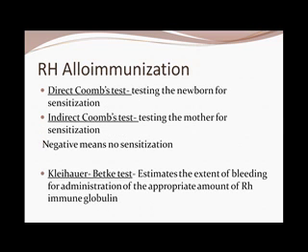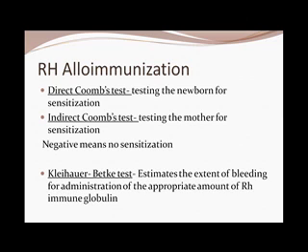There are a couple of tests we can do to see if the newborn or mother have been sensitized. The direct Coombs test is when we directly test the newborn to see if it has been sensitized to the antibody that the mother has produced against its positive blood type. The indirect Coombs test is where we're indirectly testing, so we're testing the mother's blood in this case for sensitization.